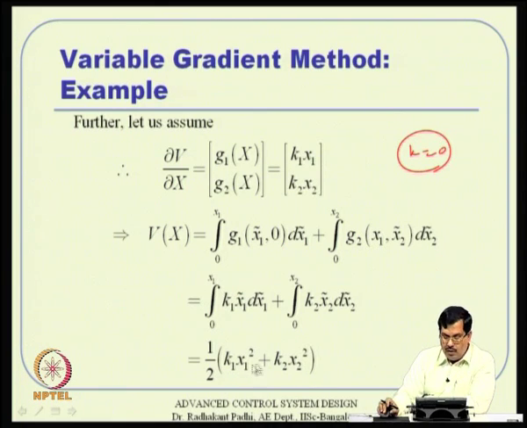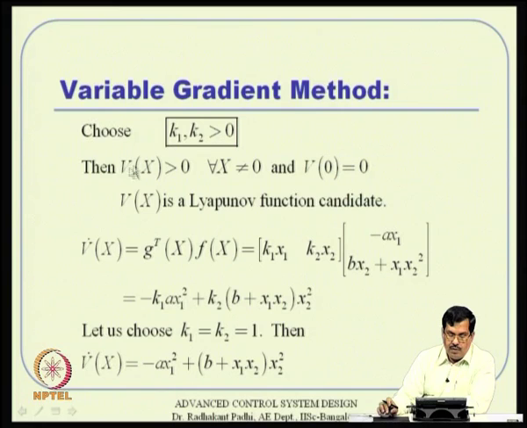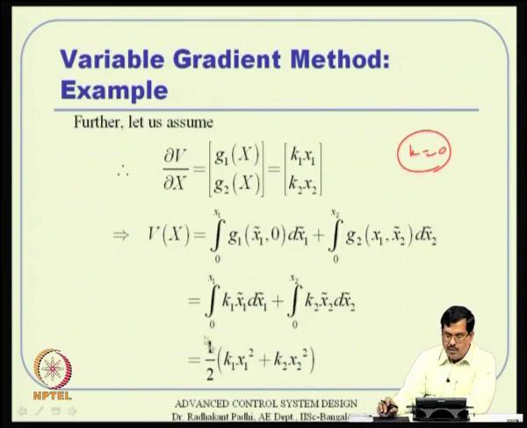So, as long as I select k 1 and k 2 as positive constants, then I am done, because v of x is positive definite. So, k 1 k 2 positive, and then v of x is positive for all x not equal to 0, and v of 0 is also 0. That is another issue: you have to land up with an expression for which, if I plug in x equal to 0, I get v of x equal to 0.